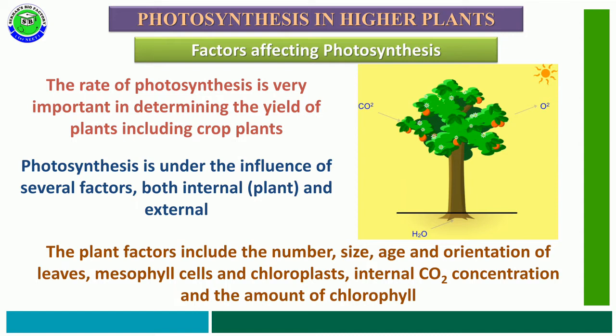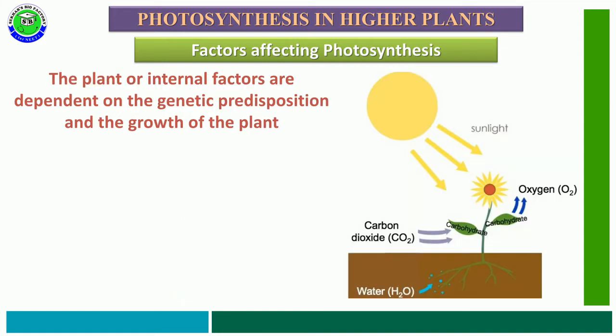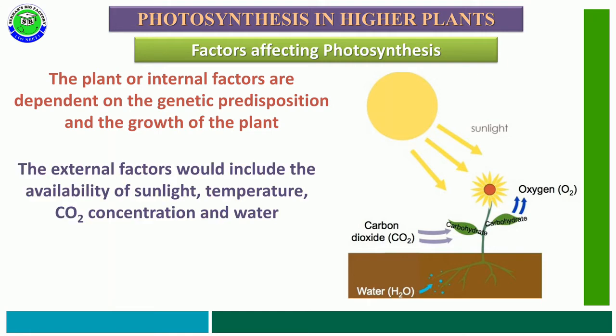These are considered internal factors or plant factors. The plant or internal factors completely depend on genetic predisposition expressed by different genes or the growth of the plant. The external factors include availability of sunlight, temperature, carbon dioxide concentration along with water.